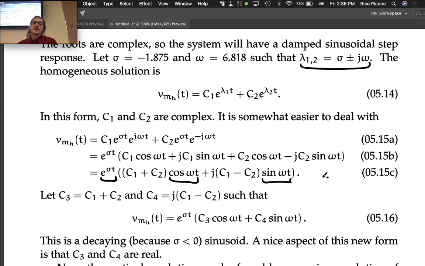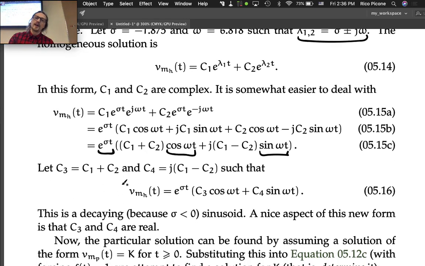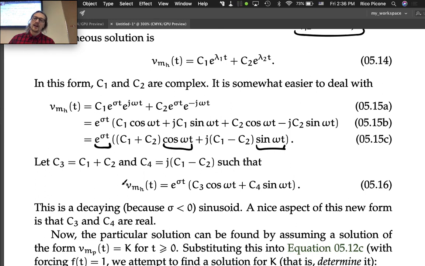So C1 and C2 are just some complex constants that we don't know what they are. So we're going to say now we're going to have new constants, C3 and C4, and the C3 and C4 constants are actually going to be real, and that's convenient. So we prefer this form, and you may have seen this when you did your differential equations class, you may have said, oh, for a second order system, we assume the homogeneous solution is of this form.